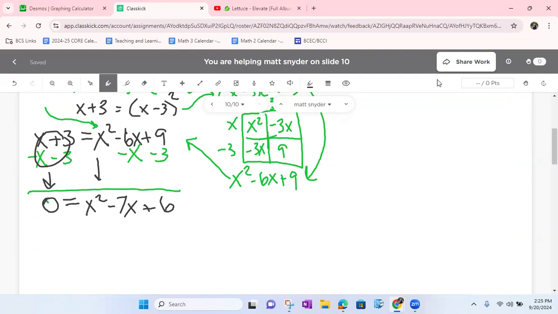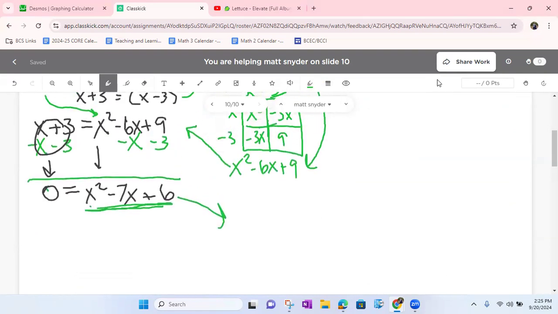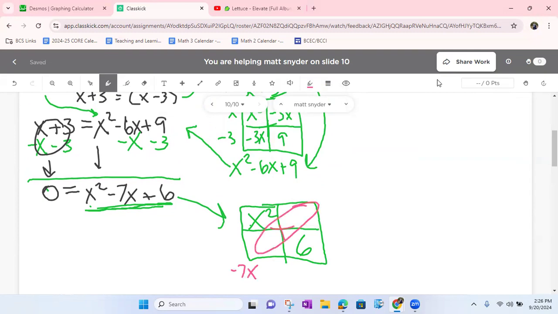Now, at this point, how do we get from that quadratic set equal to 0 to solve for x? Well, we bring it off to the side, and we are going to use the area model again. But this time, instead of multiplying it out, we are actually going to factor it. So let's bring those pieces into our area model. So x squared, 6, and then at the diagonal, we need that negative 7x, and we need these two pieces to add to negative 7x.